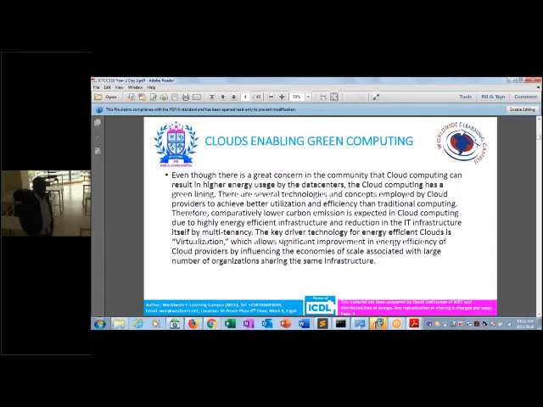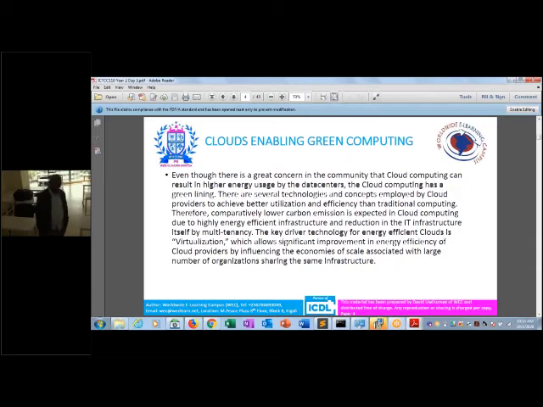There are several technologies and concepts employed by cloud providers to achieve better utilization and efficiency of energy than traditional computing.